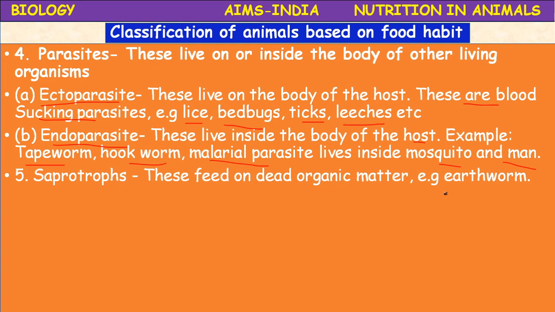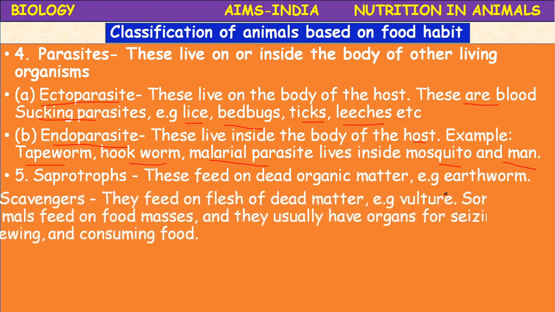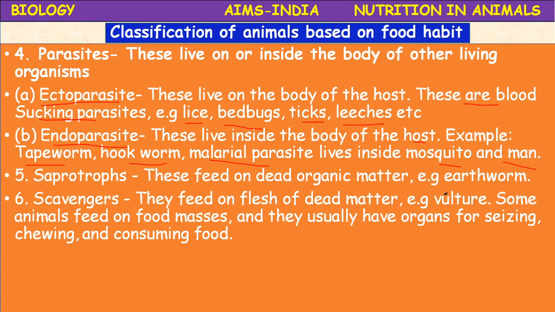Next, saprotrophs. Another type of animals, they are called saprotrophs. Saprotrophs feed on dead organic matter. Example: earthworm. Earthworm is present in moist or mud-like soils. It is a saprotroph. And the next category is scavengers. Scavengers are the animals which feed on flesh of dead matter. Example: vulture.